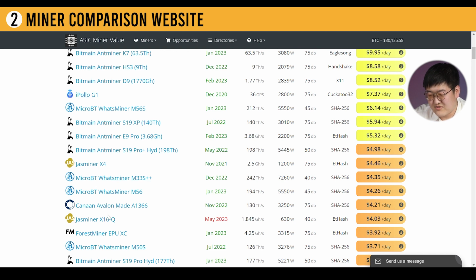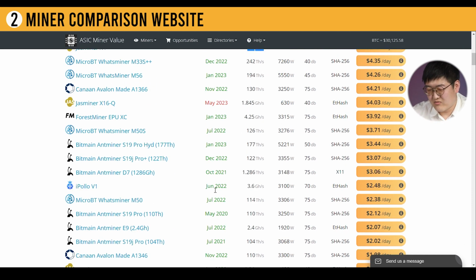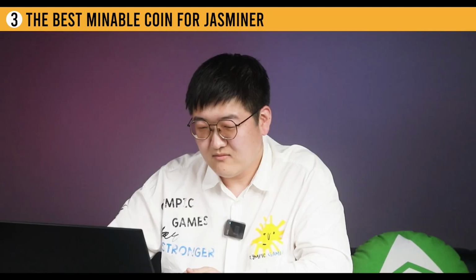And here we have Jasminer X4 due to it having the highest hash rate, at 2.5 GH/s. But the ROI is a different story, okay, once again. And our incoming Jasminer X16Q, as well as Jasminer X4Q.